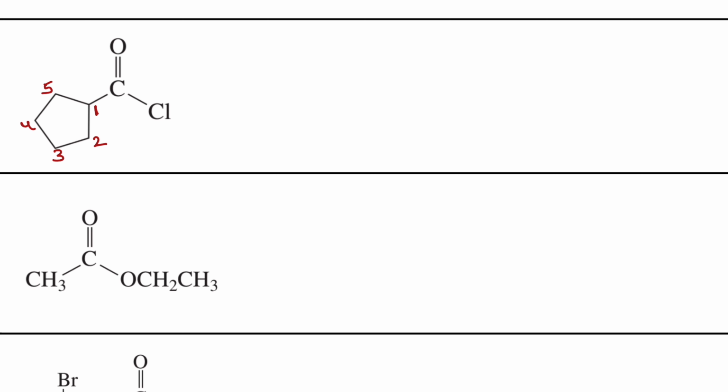There is no prefix in this. There is no branch in this. Only primary prefix, that is cyclo. So this is cyclo, root word pent, primary suffix ane. But most importantly, we have to say 1-carbonyl chloride.